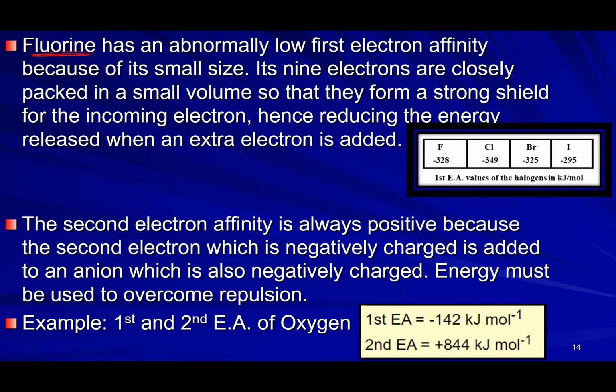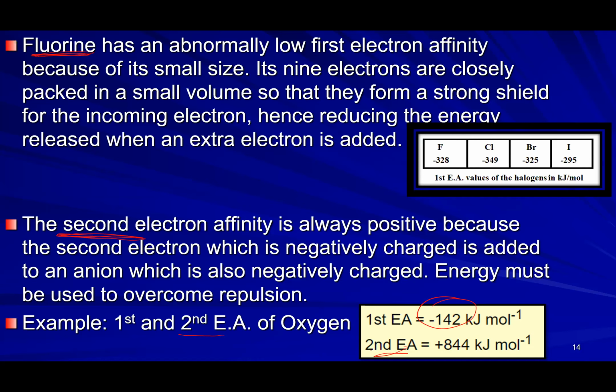And here there is another thing to be highlighted. The second, the third, the fourth, and so on, electron affinities are always positive. For many atoms, the first electron affinity is negative: energy is released when the electron is added.